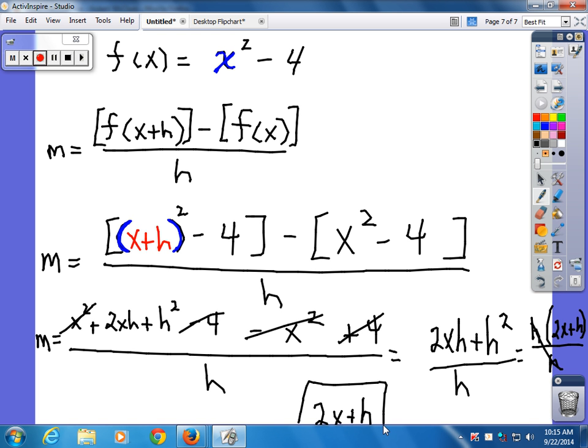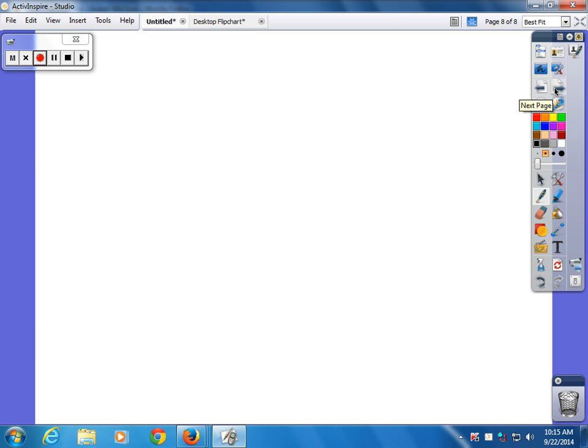All right, I'm going to challenge you a little bit. Some of y'all may call it discourage you a little bit. Let's move up a step. f of x is equal to 2x squared plus 4x.